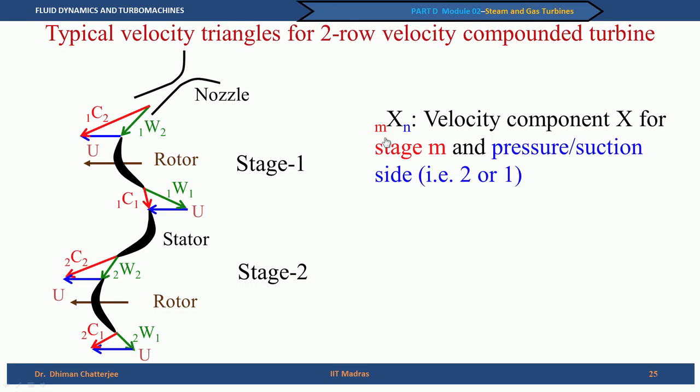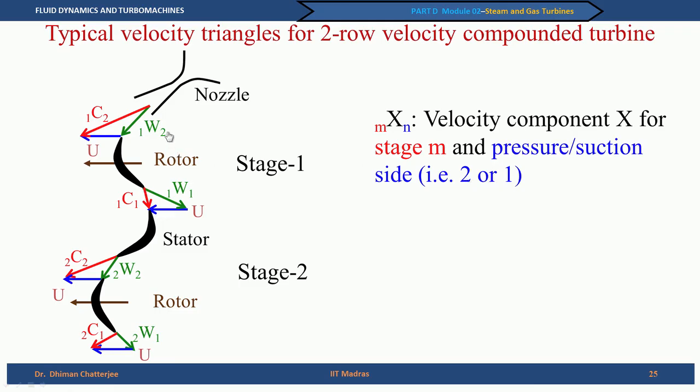So, we can say that the velocity is defined in terms of mxn. We are now using two subscripts. The first subscript m refers to the mth stage. For example, if it is stage 1, all of these quantities C, W, etc. will have 1 as the m, and n refers to the pressure and suction sides, that is 2 and 1.